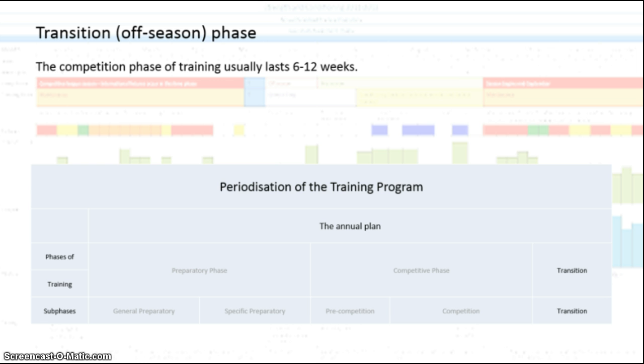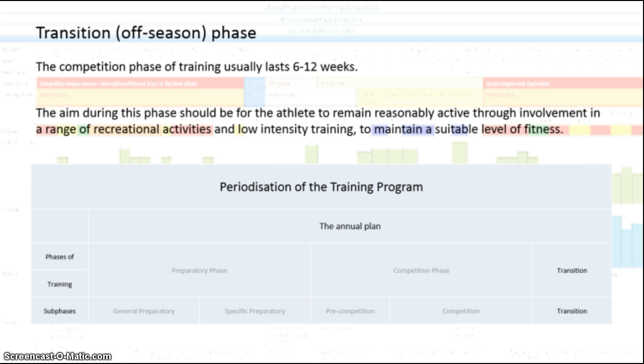Thereafter, the aim during this phase should be for the athlete to remain reasonably active through involvement in a range of recreational activities and low-intensity training to maintain a suitable level of fitness. The athlete's diet should be carefully monitored during this period of time.